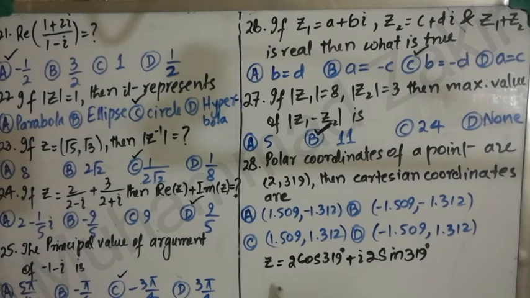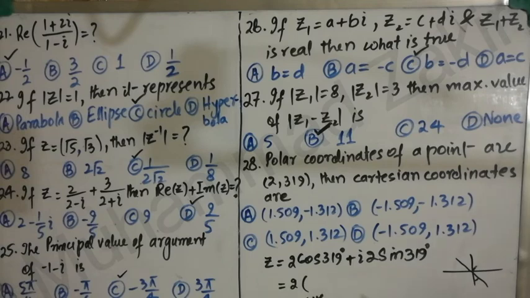If we write it in this form, what is cos 319? Cos 270 is 0. Cos 330 is in the fourth quadrant. 319 is in the fourth quadrant, greater than 270. In the fourth quadrant, the value of cos is positive. So this must be a positive value.